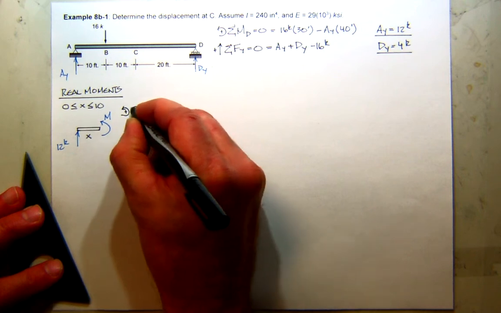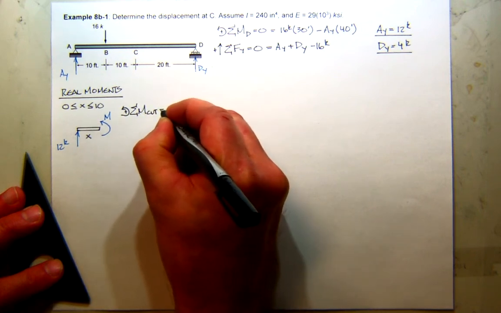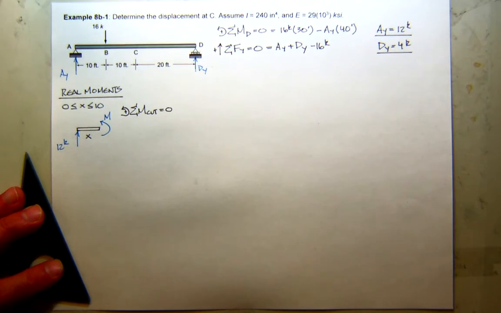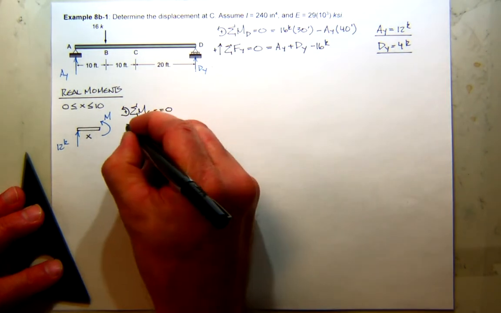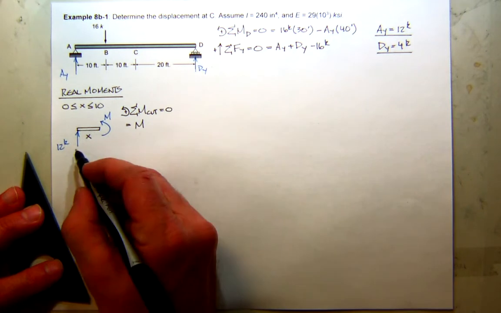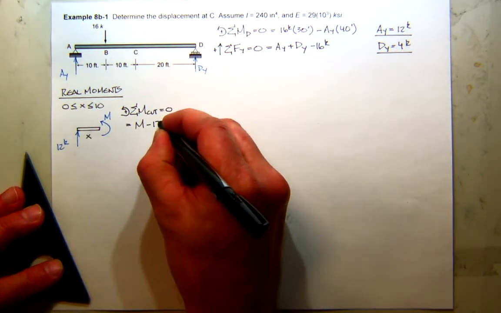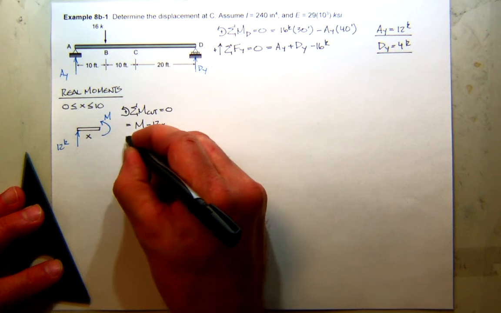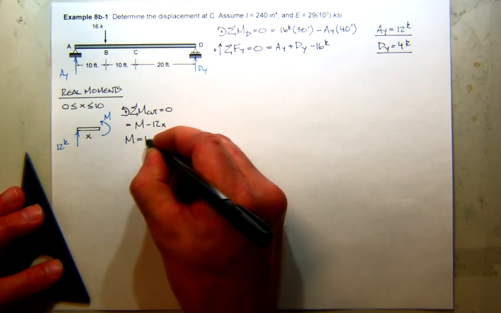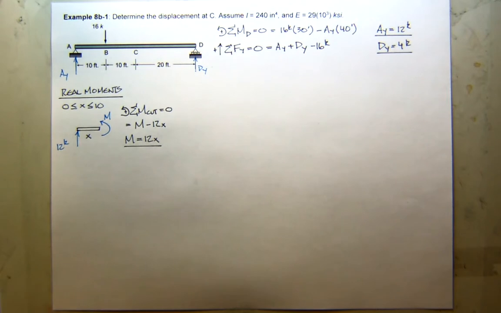If I sum moments at the cut, make sure it's equal to 0, what do I get? Well, I have the internal moment, that's positive. I have the moment due to the 12 kip force, that's creating negative moment with the moment arm of x. So it looks like my real moment is equal to 12x. And that's valid from 0 to 10.